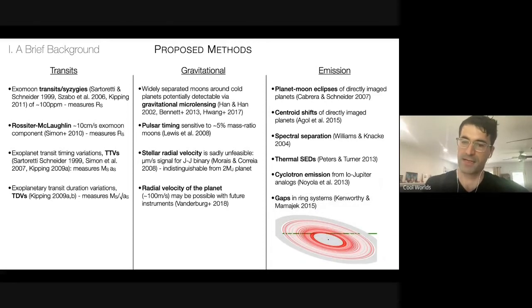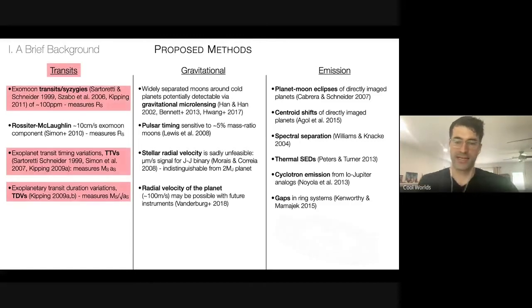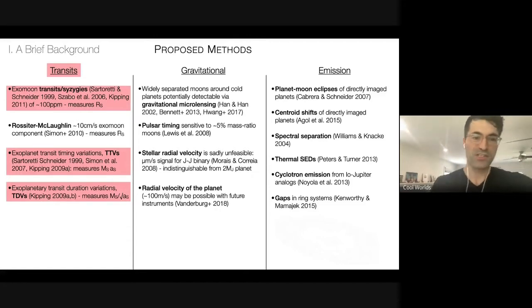And then another, more speculative one is to look for gaps in rings. I just want to briefly mention Matt Kenworthy has been writing about this for the system J1407b. So that's a long list of techniques. I probably missed some out, but the ones I'm going to focus on in what follows are just these transit methods on the left and not the RM effect.